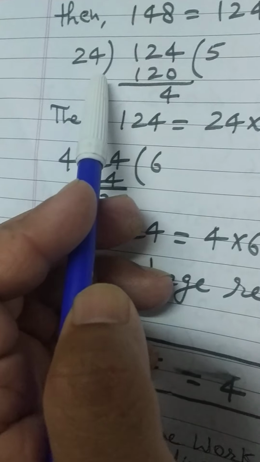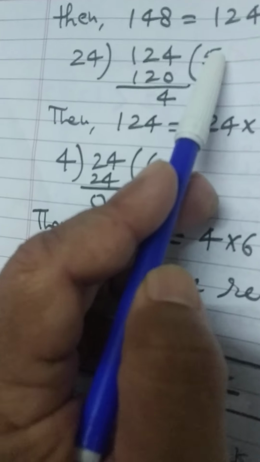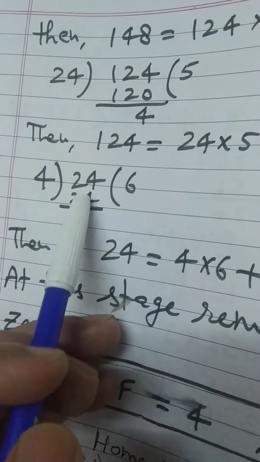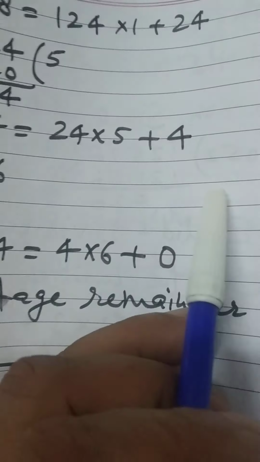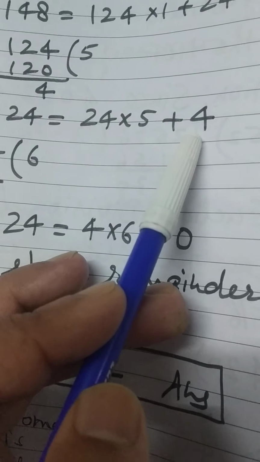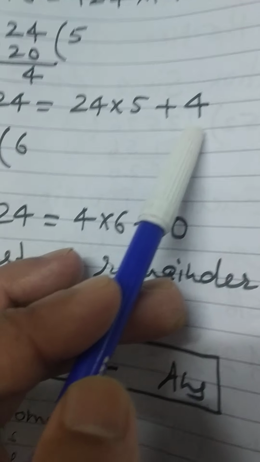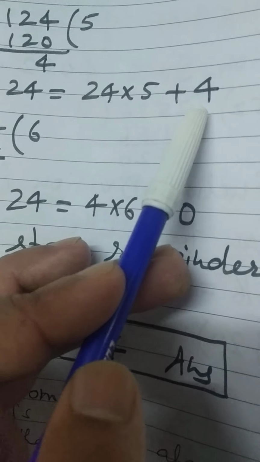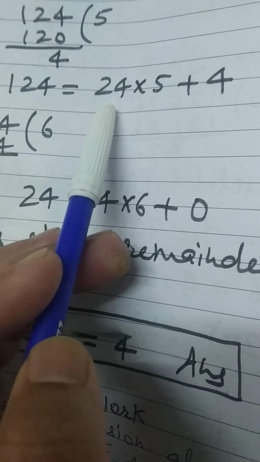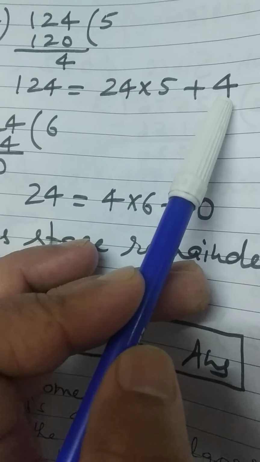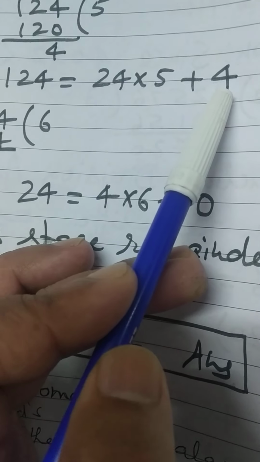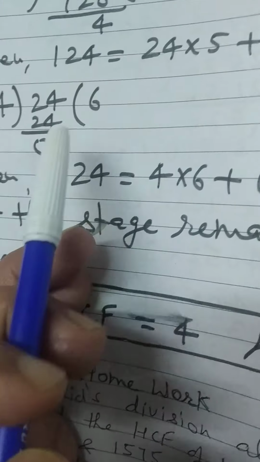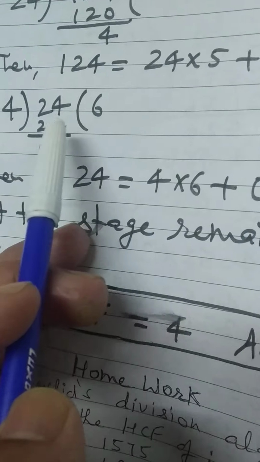Dividend is equal to divisor into quotient plus remainder. Since value of remainder is 4 not equal to 0, continuing this process, I will take two numbers 4 and 24. Since 4 is less than 24, so I will take 4 as divisor and 24 as dividend.